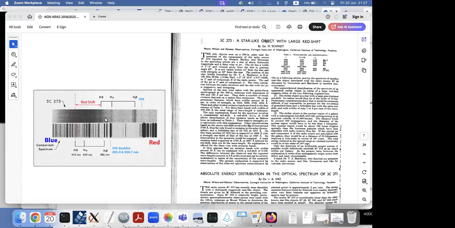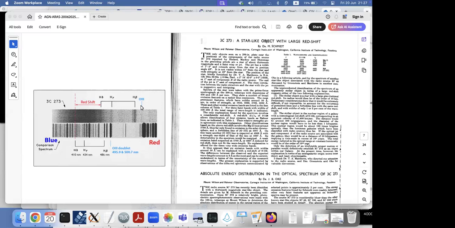The spectrum you see over here, this is where 4861 is supposed to be. This is where it is. That is, this is shifted from being like 3,800 angstroms to almost H alpha.